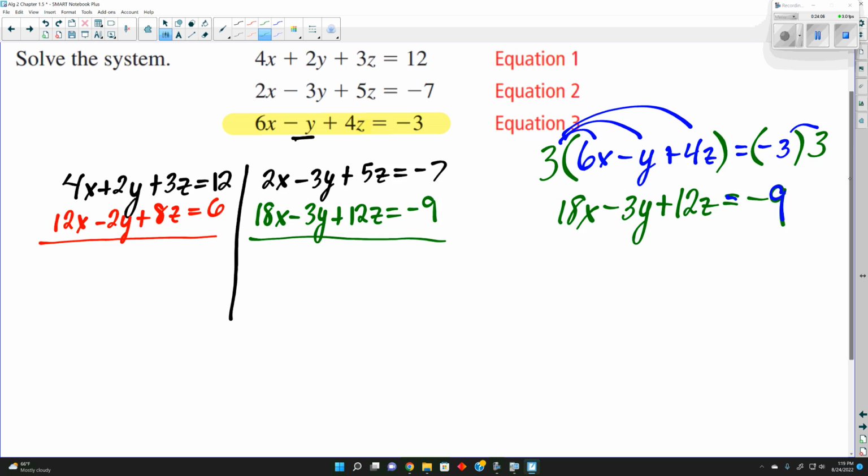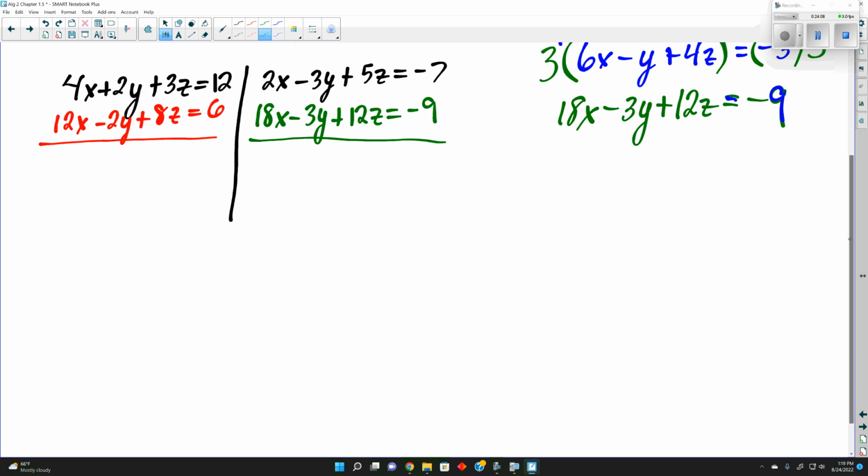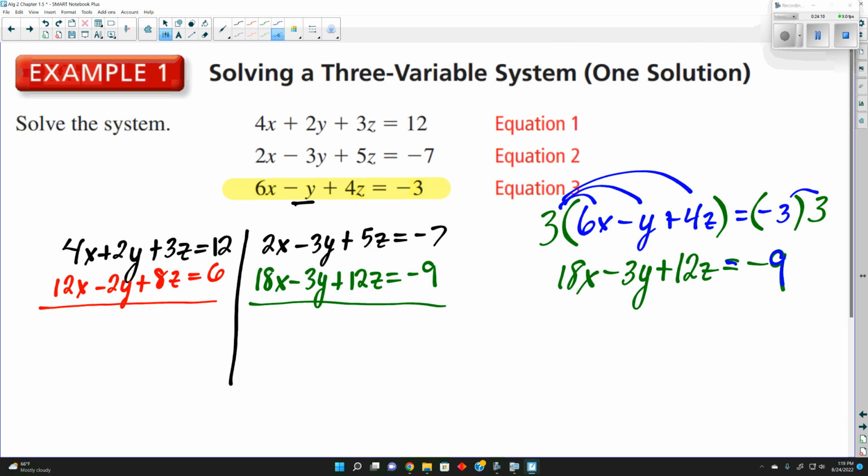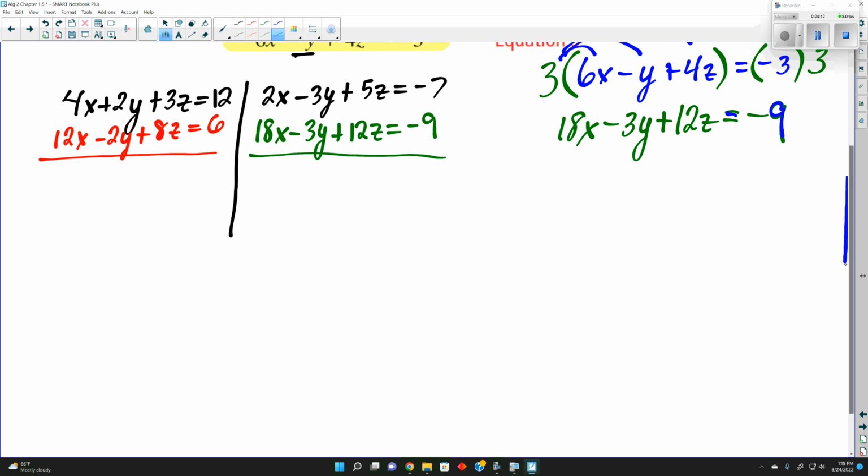Now, looking at this here, we want the y's to cancel out, yes? We want them to become 0, yes? So with the first one here, 2y and negative 2y, should we add those together or subtract them?